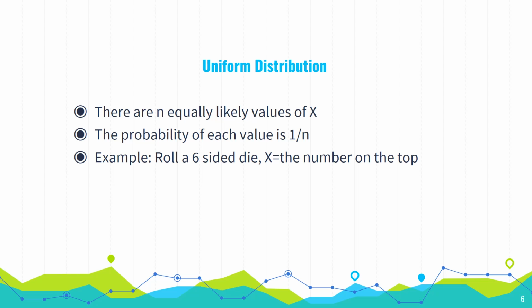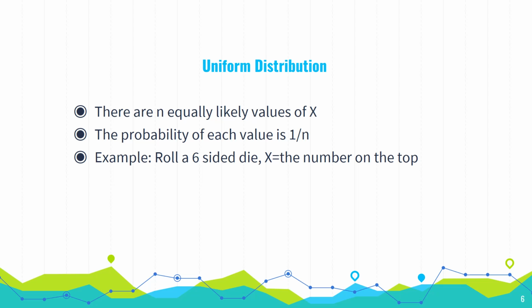So first, a uniform distribution. A uniform distribution means that you have n values that the random variable can take, and because they're equally likely, therefore the probability of each value will be 1 over n, 1 divided by n.